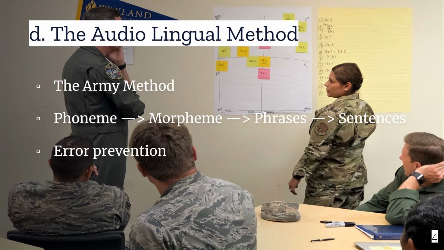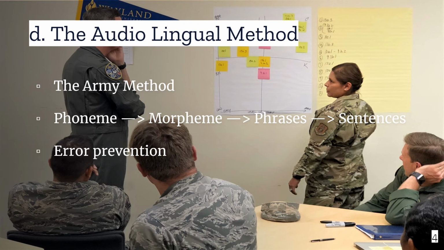Now let's see what will happen in a classroom where the audiolingual method is practiced. At first, the learners are made to listen to a dialogue. It could be by the teacher or using some electronic sources.